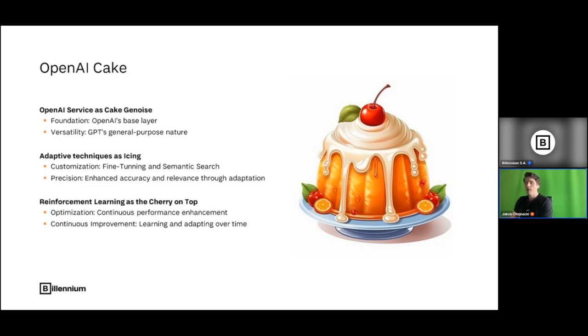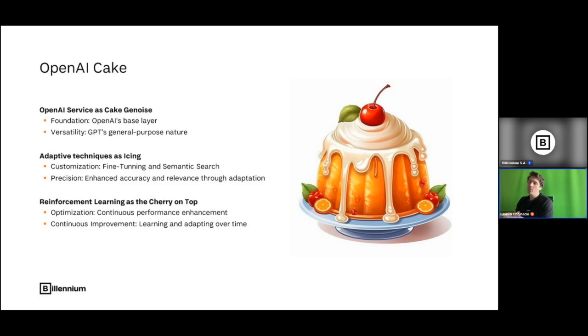The next part is about making the large language model a little bit better in the context of our task. And here we can use either fine-tuning or semantic search to enhance the precision and the relevance given our data or given our feedback. And the last piece, the cherry on top, is reinforcement learning.